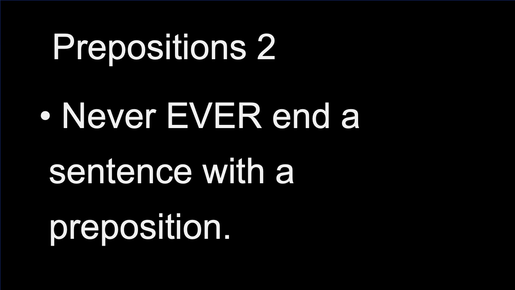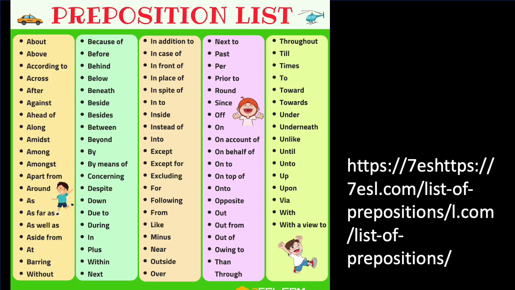Now, the next thing is the list of prepositions. What are prepositions? Prepositions are, in this list here, things like from, for, in, on, out, to, above, about, across, as, at, within, in, down, by.